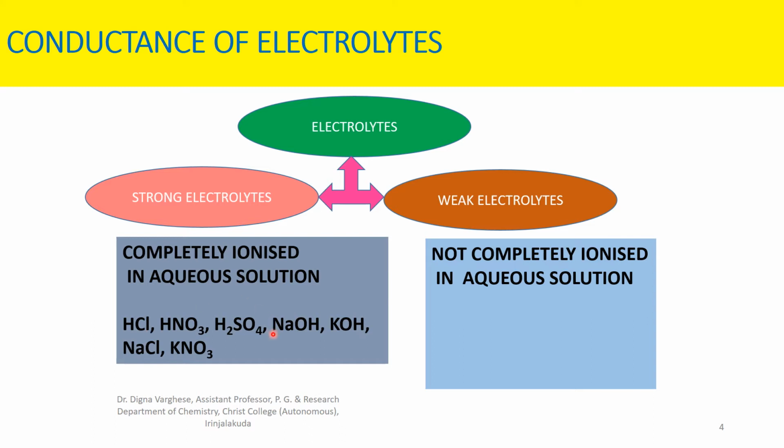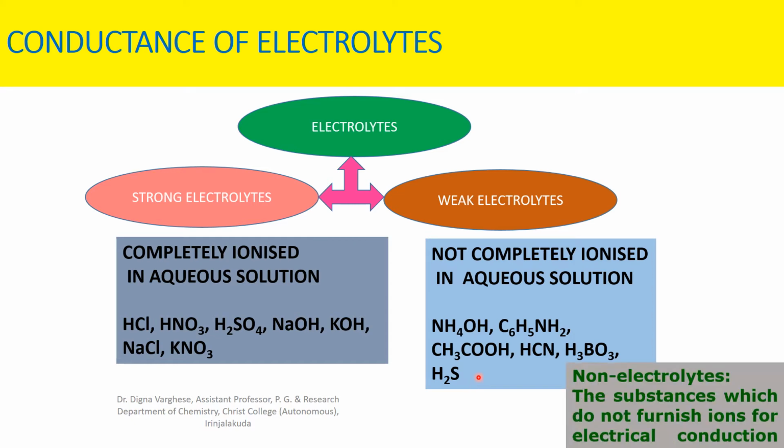And potassium nitrate, formed when nitric acid reacts with potassium hydroxide. So these are examples of strong electrolytes. Examples of weak electrolytes are weak bases like ammonium hydroxide, pyridine, and weak acids like acetic acid, hydrocyanic acid, boric acid, hydrogen sulfide, etc.